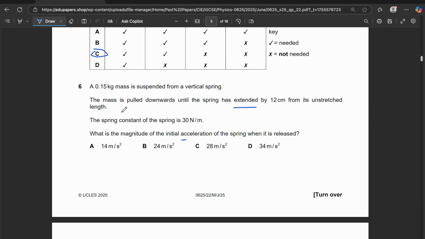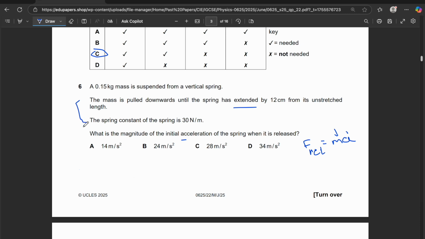Firstly, we need to think about how to get to acceleration. We know the equation involving mass, which is resultant force is equal to ma. We know the mass, we want the acceleration, and we can find the resultant force from the given information here.